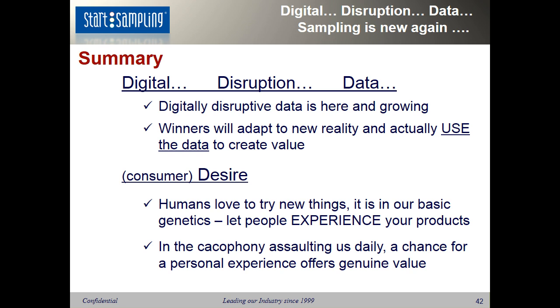In this economy of stuff assaulting us on a daily basis, to have an opportunity to try something and really consider it, people like that. But you also have to adapt to that new reality of all the data that's out there and how you might use that data to create new value for the consumers you're working with.